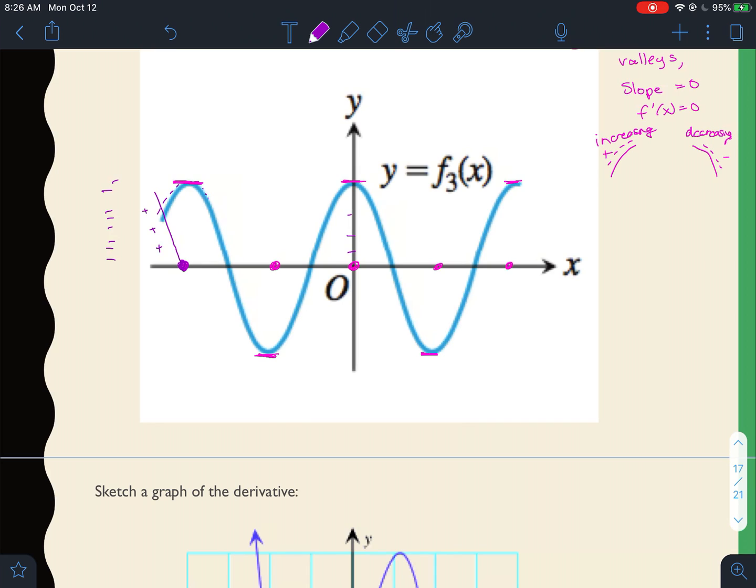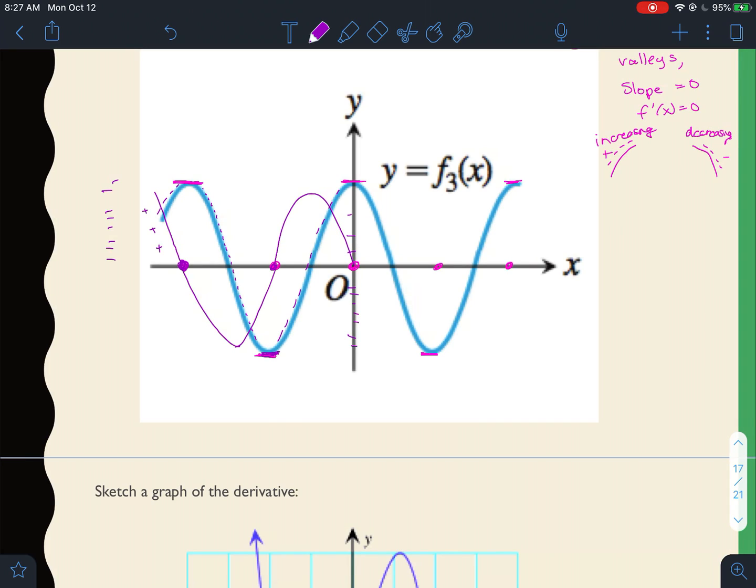And then after that dot, all of the tangent lines after that are going to have negative slopes because the function is decreasing. To have negative slopes means your values are negative, so they need to exist below the y-axis. And then I know that I have to pass through this point, so it's eventually going to have to come back up and pass through that point. And then after that 0, all of the slopes of these tangent lines are positive.